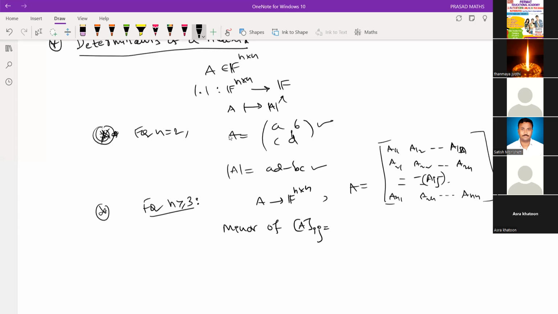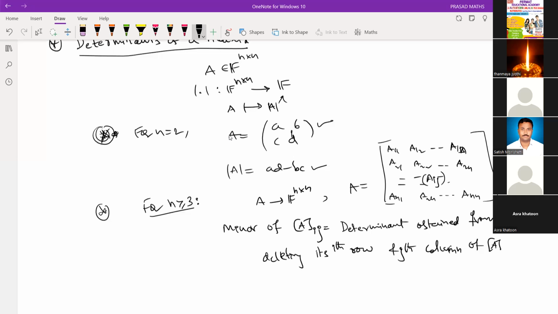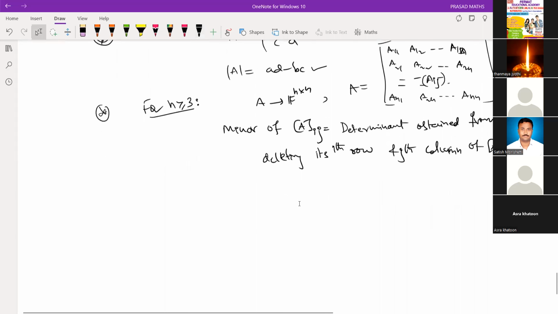What you do is delete its row and delete its column. So the minor is the determinant obtained from deleting the ith row and jth column of the ijth entry, right?